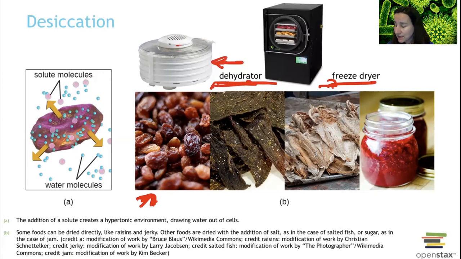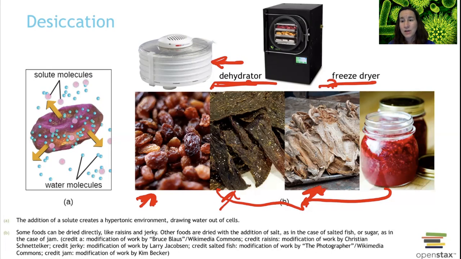And then these last methods use what we learned about isotonic, hypertonic, and hypotonic. In hypertonic, the stuff outside the cell has a higher tonicity than what's inside the cell. So that's what we're using for all of these methods. If you like beef jerky, I love beef jerky. It's salted meat, and covering the meat with salt will pull the water out.